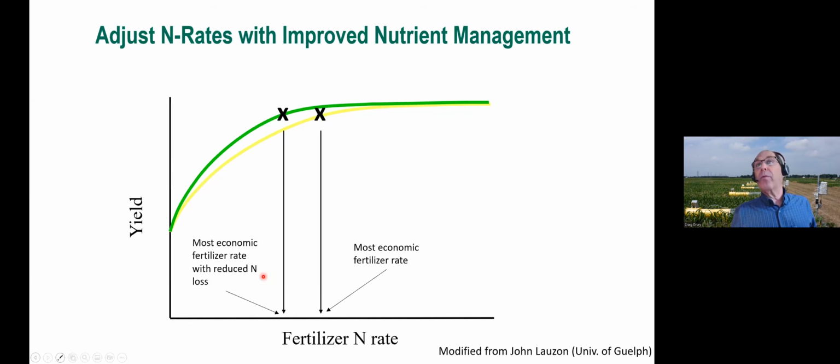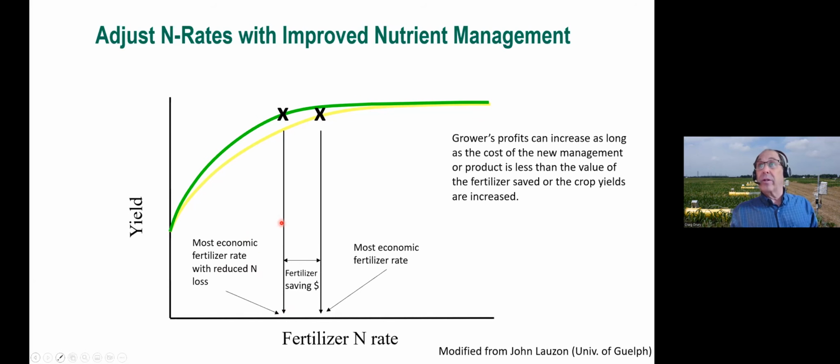And so that most economic fertilizer rate is actually reduced with some of these nutrient management BMPs. This represents a savings of fertilizer dollars. So really the grower's profits can increase as long as the cost of this new management practice or product is less than the value of fertilizer saved.